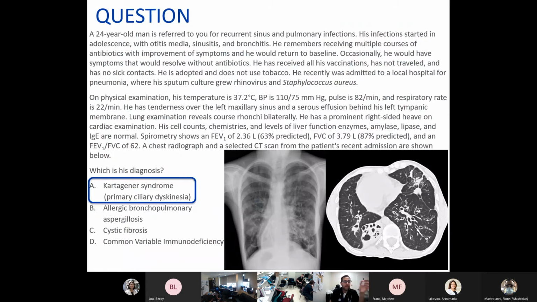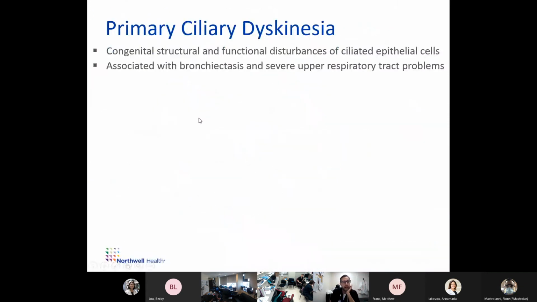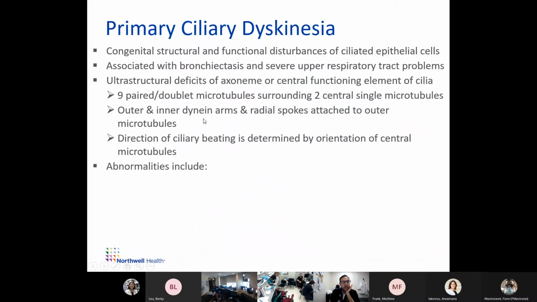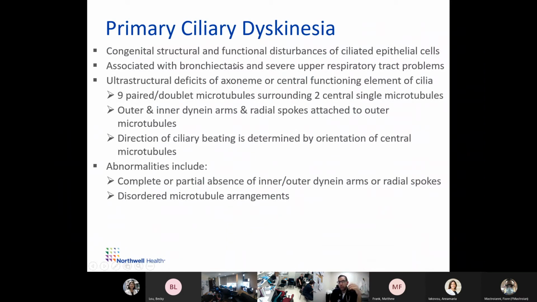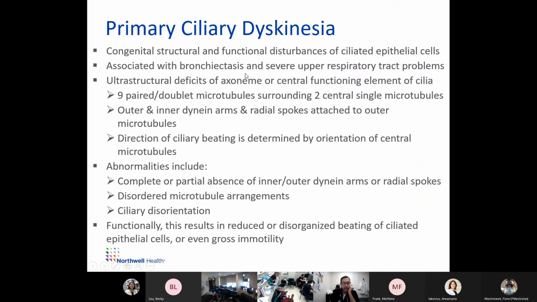Any abnormalities in these will cause this ciliary dysfunction. These patients are associated, like we said, with bronchiectasis, upper respiratory tract involvement, sinusitis, and notoriously lower lobe involvement. And the reason is because there's disorganized beating of the ciliated epithelial cells or even gross immotility.